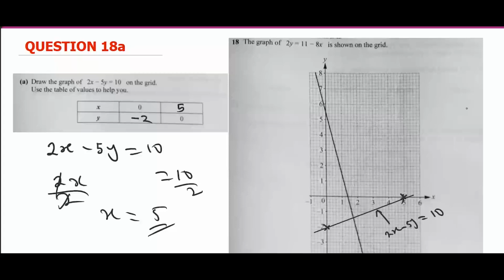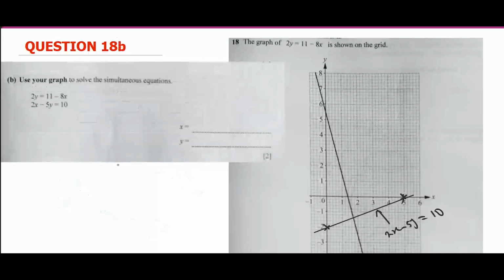So let's go to the B part of this question. In the B part, we also use the graph to solve the simultaneous equations, and the solution will be where the two lines meet. We'll trace it to x and y respectively.